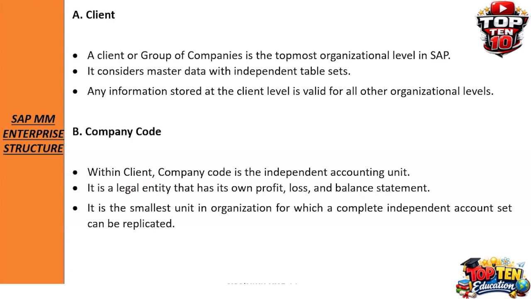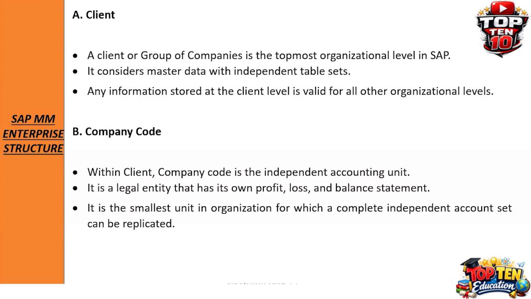To all the levels, that data will be valid. So if we store the data at the client level, we can call that data at the company code level, at the plant level, and at the other sub-organizational units.